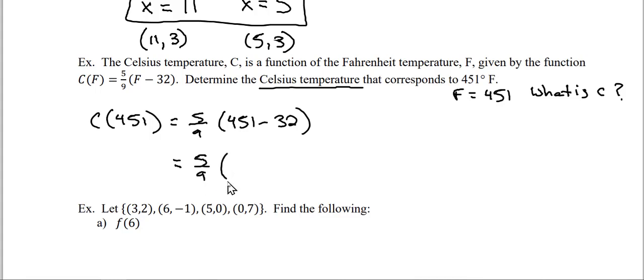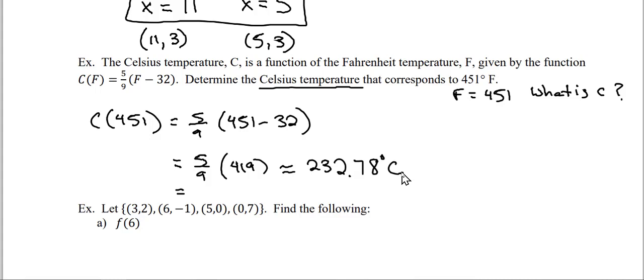All right, 451 minus 32, following order of operations, is 419. And when we multiply that by 5 and divide by 9, we get approximately, let's do an approximation here, 232.78 degrees.